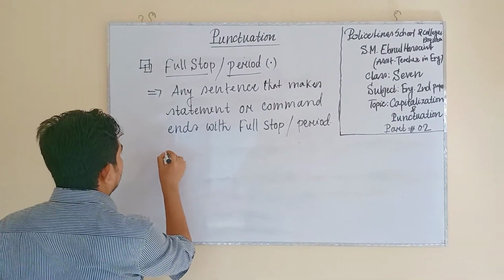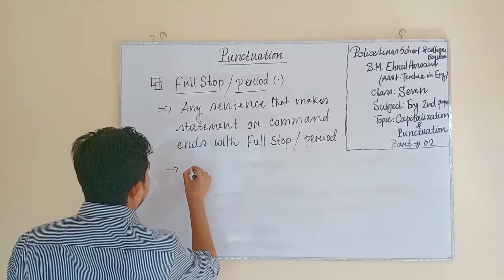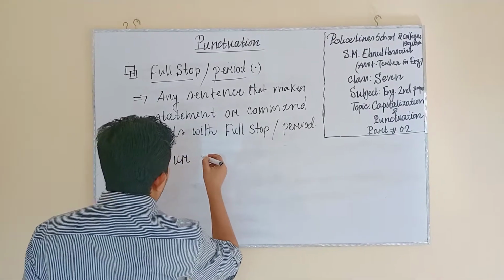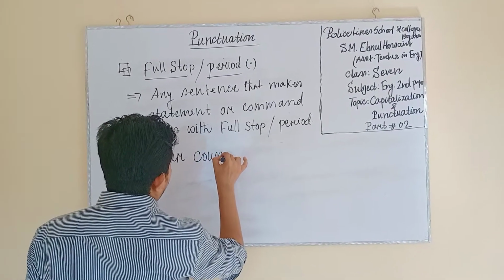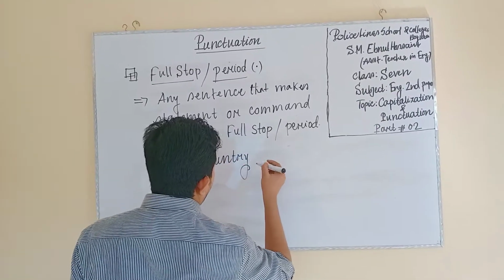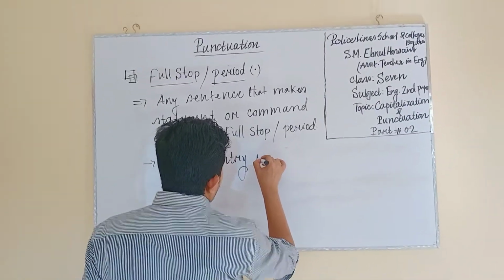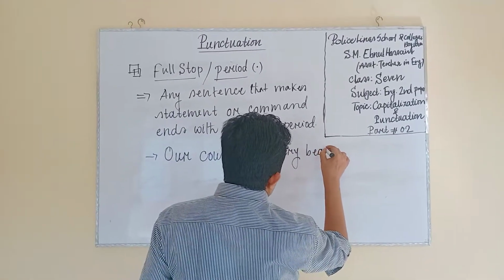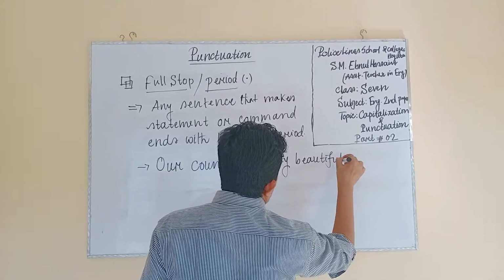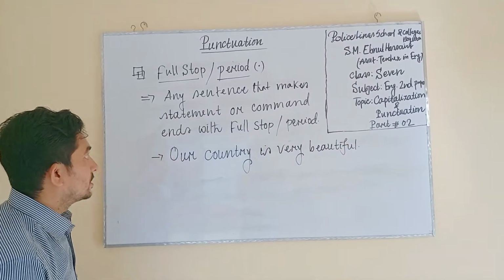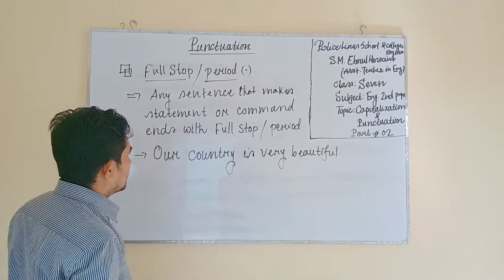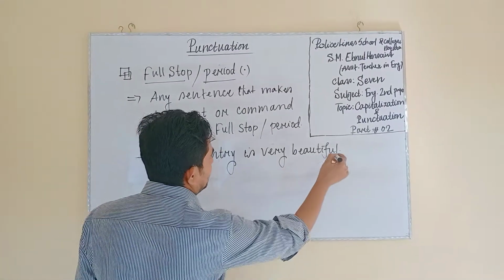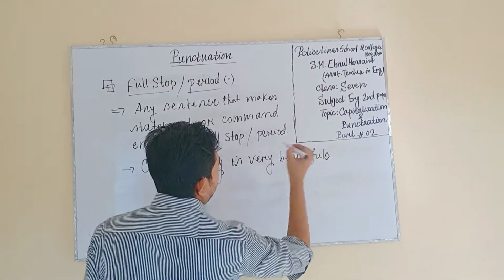Let's have an example. Our country is very beautiful. This is a sentence, and this sentence makes a statement. So this sentence ends with the punctuation full stop.